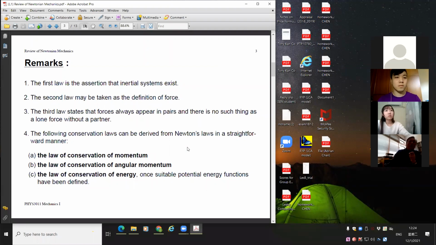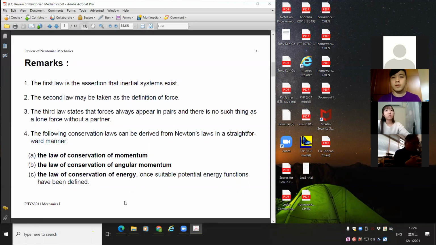Based on Newton's laws of motion, we can derive some conservation laws. For example, the law of conservation of linear momentum, the law of conservation of angular momentum, and also the law of conservation of energy, right? If suitable potential energy functions have been defined.